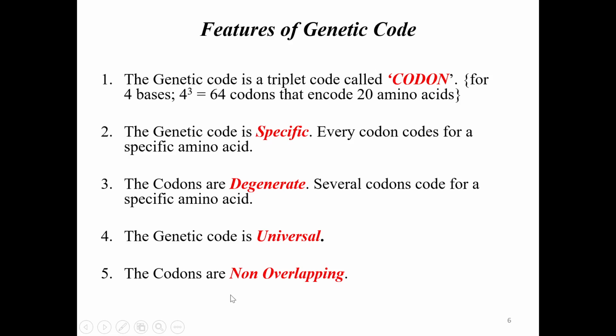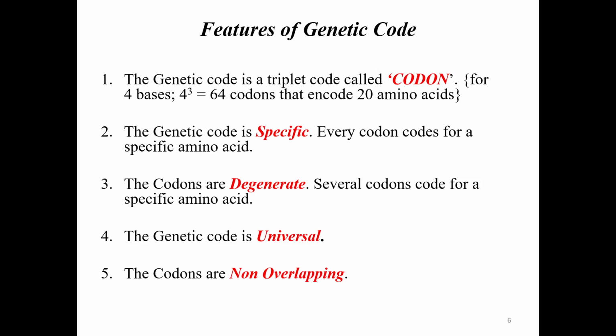The codons are non-overlapping. So, this they will ask you for 4 marks. It's a 4 marks question for you in this particular chapter: What is genetic code and what are the general features of genetic code? So, how do you write your answer? You know the definition of genetic code by this time.